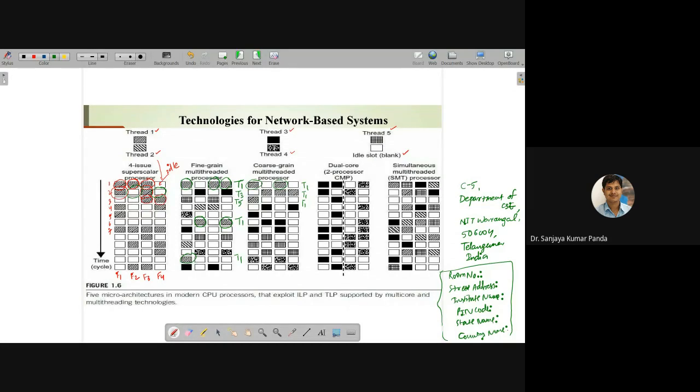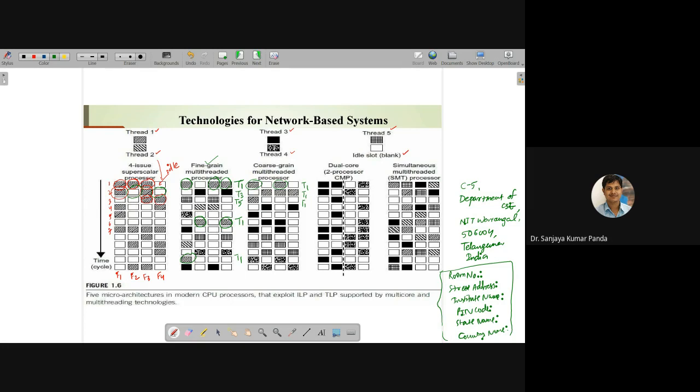You maintain a queue, and each clock cycle you move from one to another. So you can simply say there is an overhead, called context switch overhead. Such overhead is there in fine grain, which we can solve in the coarse grain multi-threaded processor.